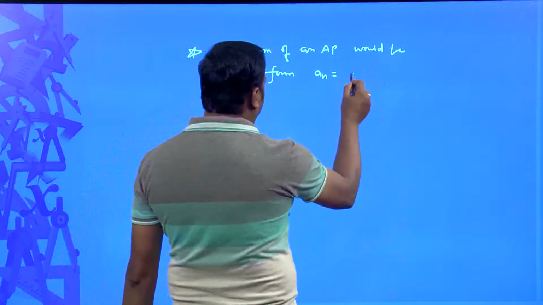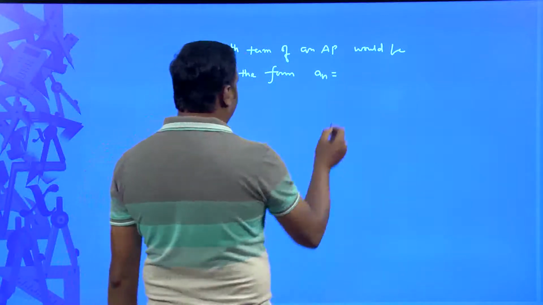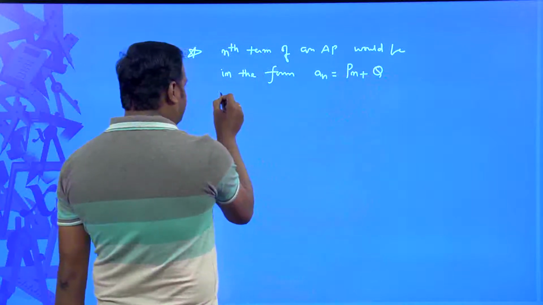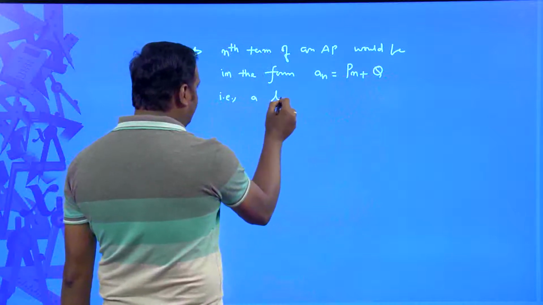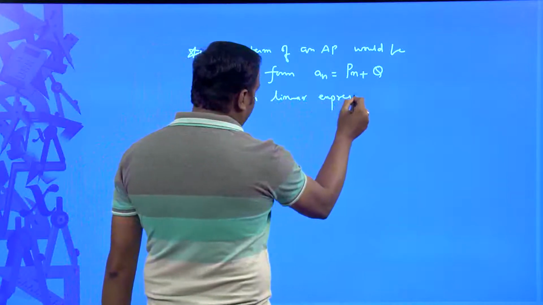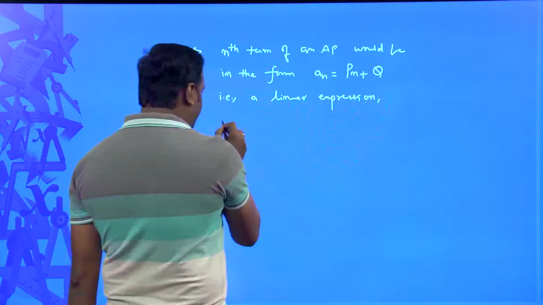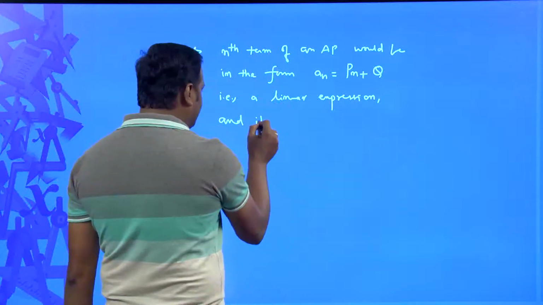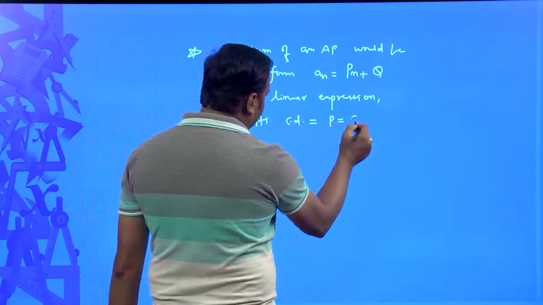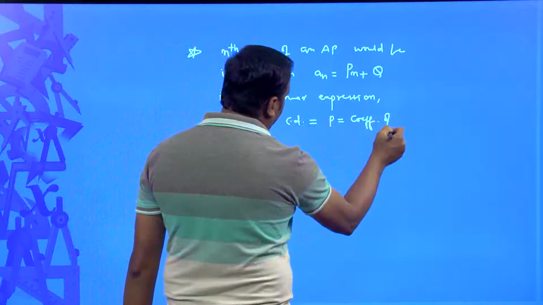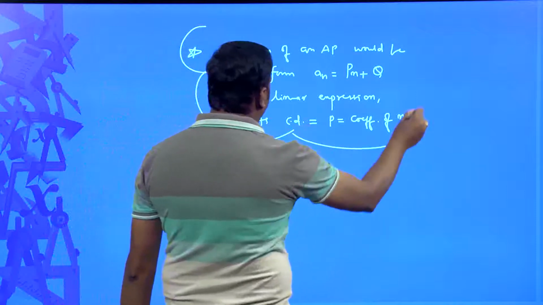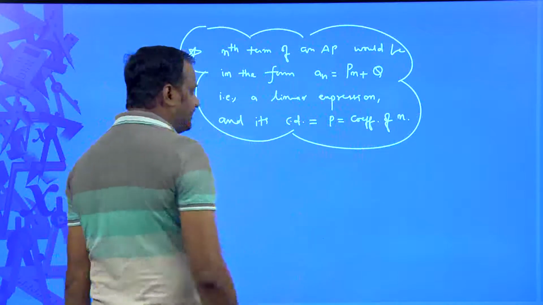A n is equal to something into n, that something should be some P into n plus Q, that is a linear expression. And moreover, what is the common difference? Its common difference is equal to P. What is that P here? P is the coefficient of n. So, please do remember, this is very important and useful information about the nth term of an arithmetic progression.